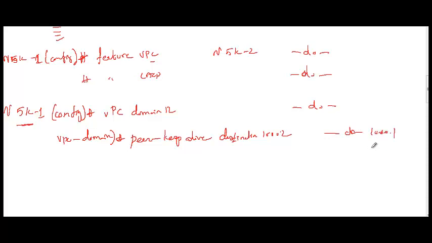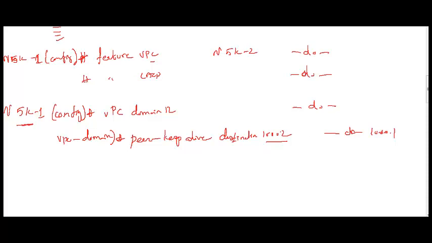Is this part clear? So we just change the destination address. On the left-hand side device, we give the management interface IP address of the right-hand side device. On the right-hand side device, we give the management interface IP address of the left-hand side device.